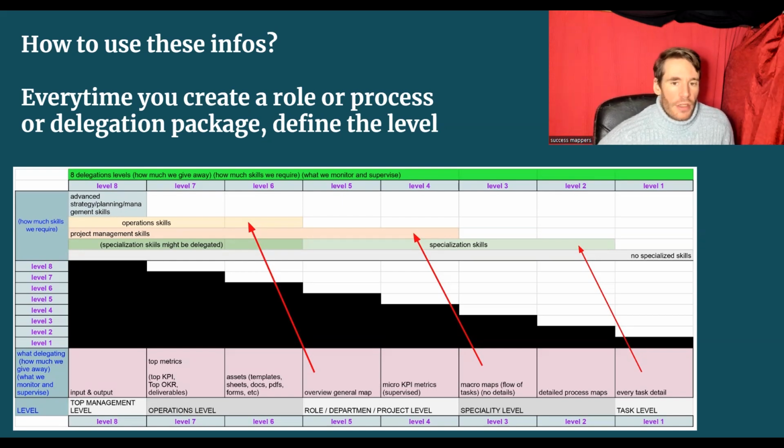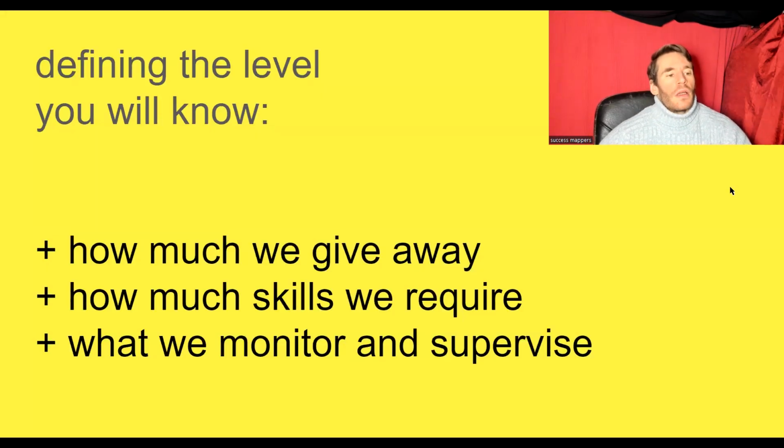But what I'm saying is, based on the skills of the person, you can also create processes suited for them. If you need to delegate something to level 1, you will need to create everything in detail. If you need to delegate something to level 6 or 7, you need to be clear about your goals, provide assets if you have them, create a very generalist map to communicate the information to them, and then they will create all the operations and the project based on the goal that you give to them.